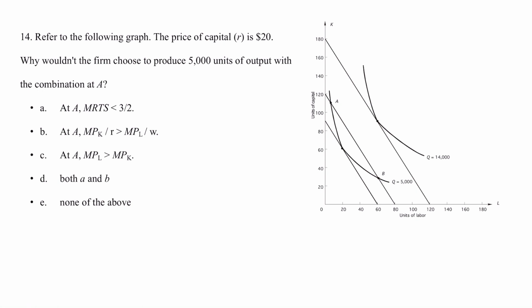Refer to the following graph. The price of capital R is $20. Why wouldn't the firm choose to produce 5,000 units of output with combination A?